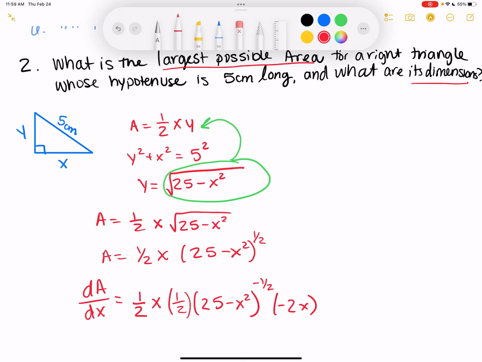So that's taking care of this piece. So now I can do the easy part of the product rule, which is going to be just plus 1/2 times 25 minus x squared to the 1/2.